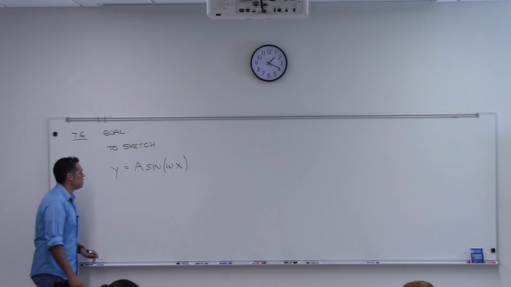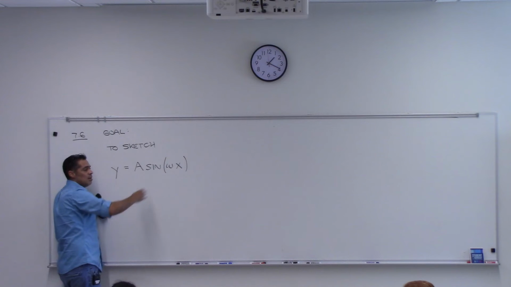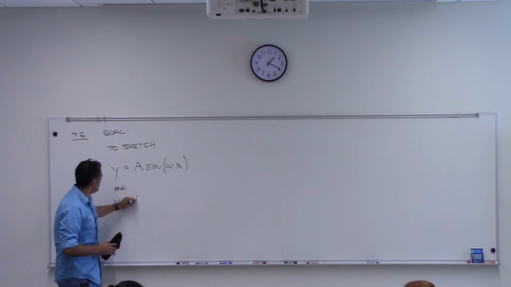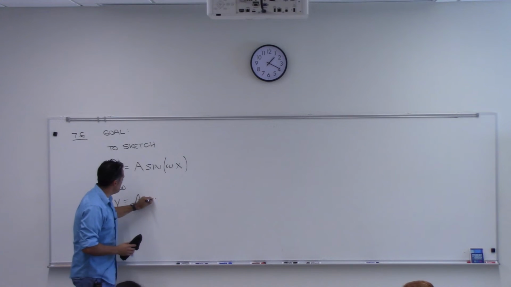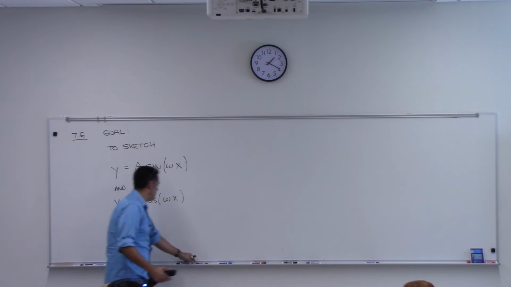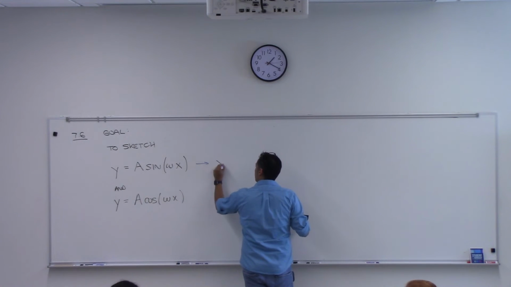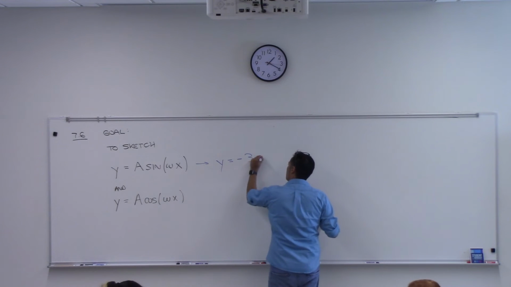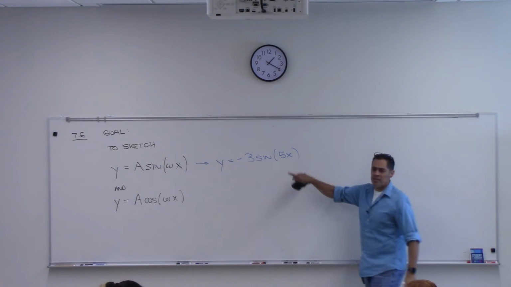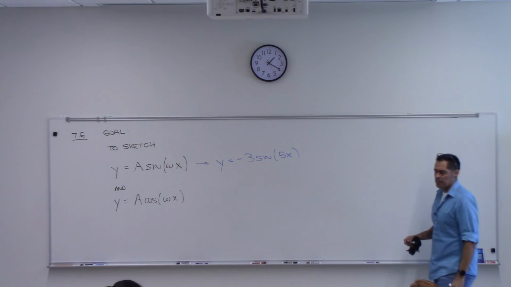I want to be able to graph any function that looks like this, and any function where it's a number a in front of cosine with omega in front of x. So specific examples: I want you to be able to sketch y equals negative 3 sine of 5x. I want you to be able to draw that for me. That's the goal of this section.